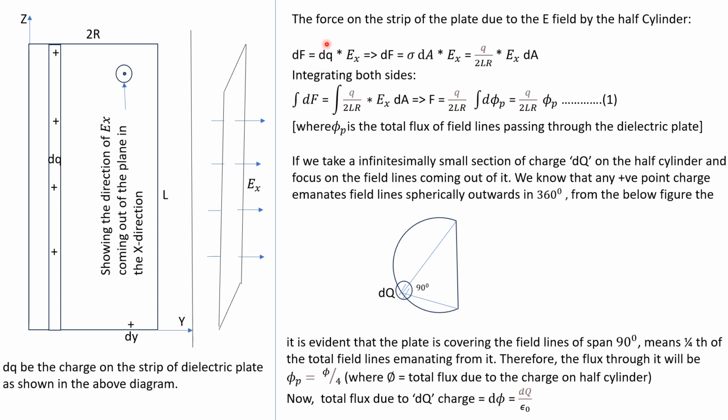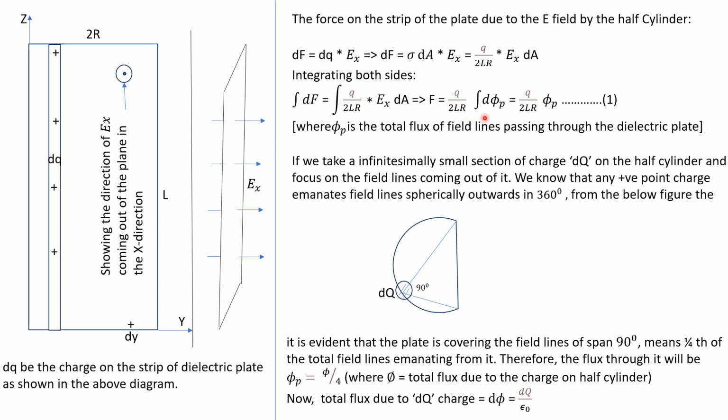Further, suppose sigma is the charge density on the plate, so sigma into this small area dA will be equal to dq. Now if we see Ex into dA, this is nothing but the electric field line flux passing through the dielectric plate.